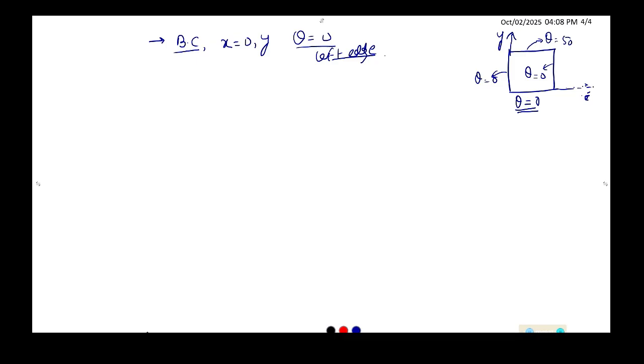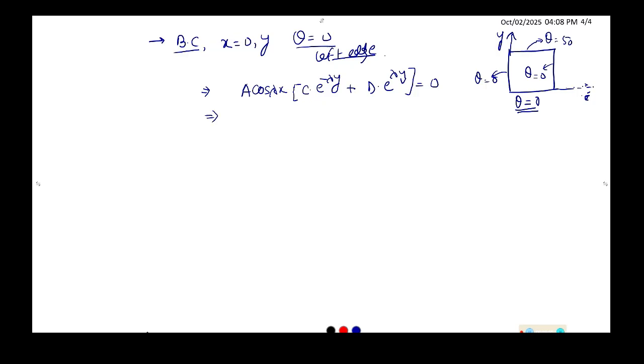When we apply the boundary condition at the left edge, this gives us the solution as (a cos lambda x + b sine lambda x)(c e to the power minus lambda y + d e to the power lambda y) equals 0. B sine lambda x will become 0 for x equals 0.